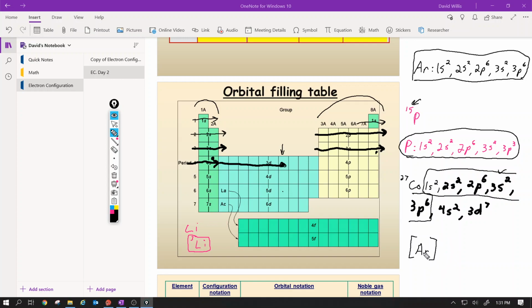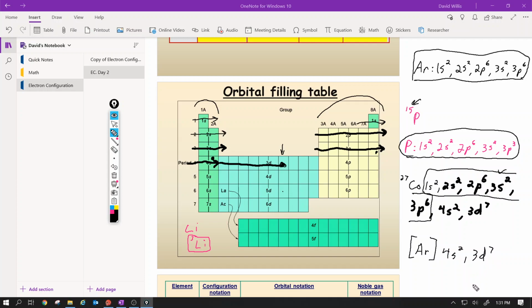When I put that noble gas in brackets, it represents all the core electrons up to that point. And then I'm going to finish it out, 4s2, 3d7.